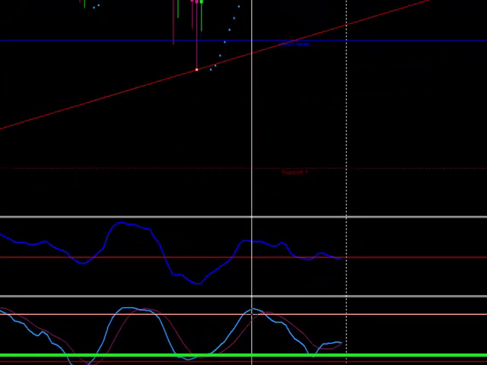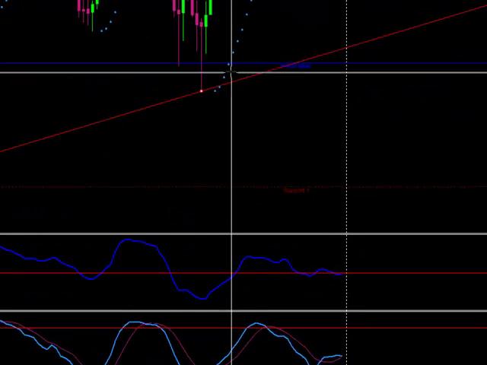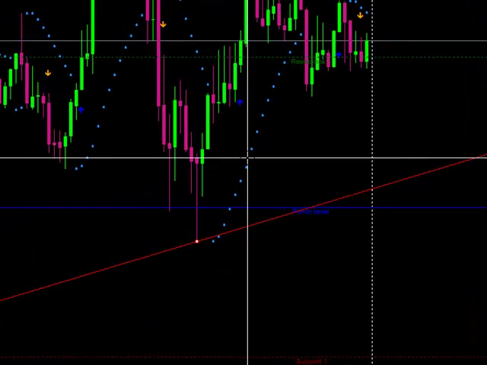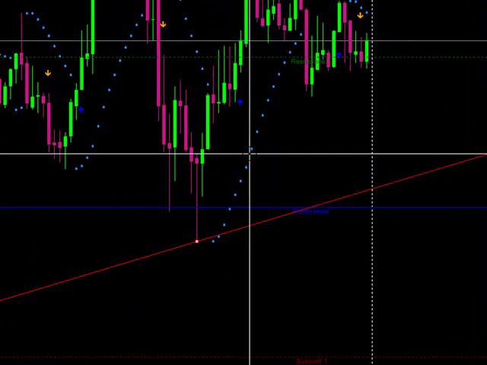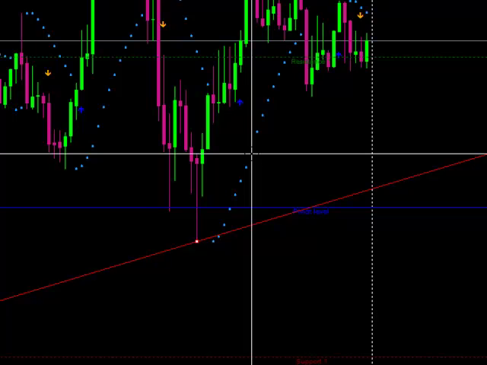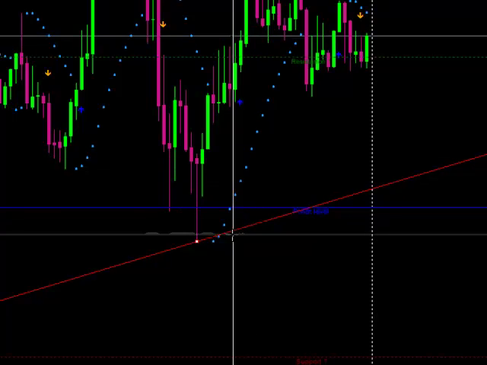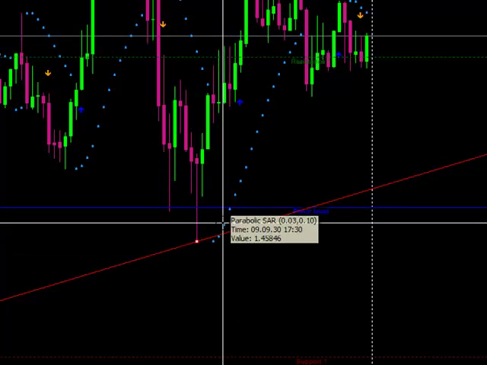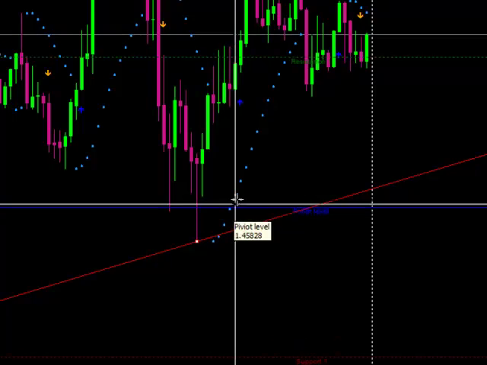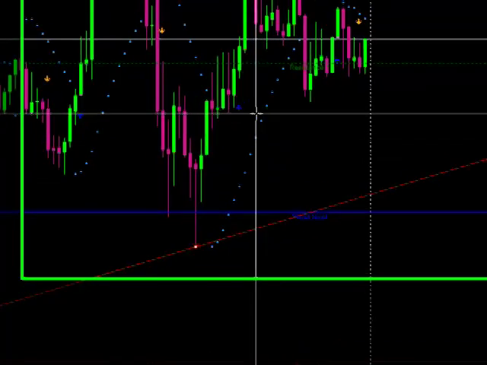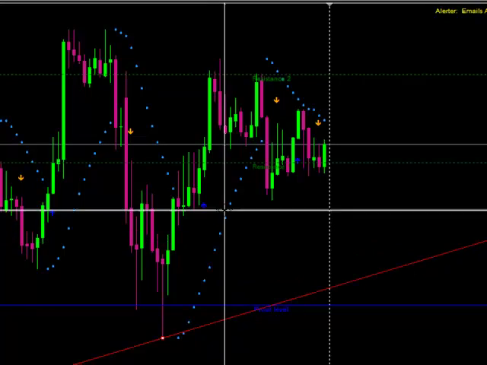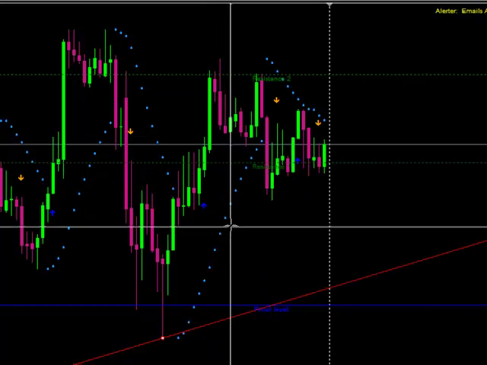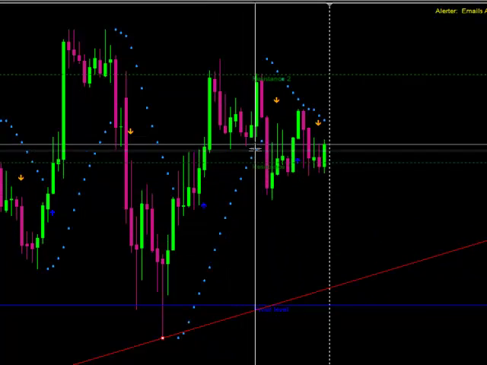And what I want to talk about here first are these blue dots, the SAR indicator. And these are used a couple different ways. One way commonly they've been used is like a trailing stop. As you can see, as the currency moved up here, these blue dots moved up. With each candle there's a new dot, kind of following the price action up.